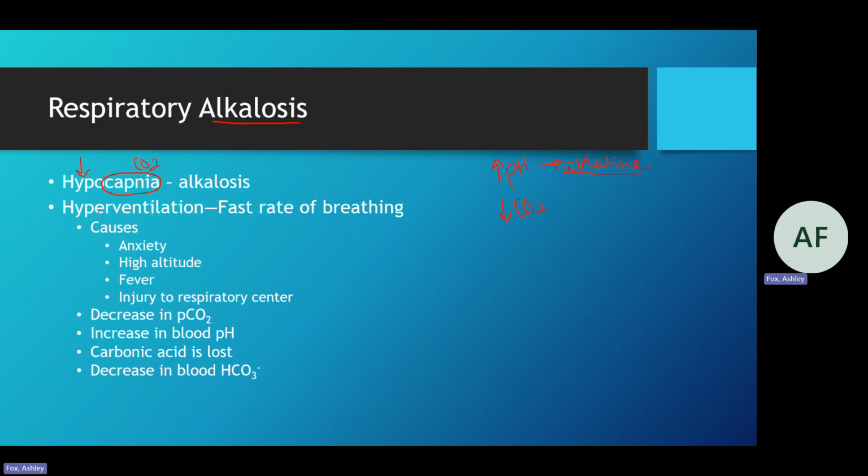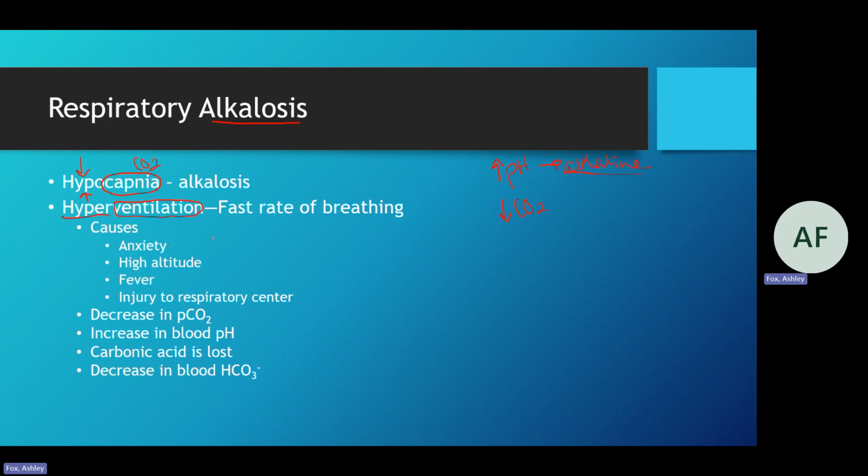Just like acidosis is because of breathing too slow, this is breathing too much. So hyper meaning up, ventilation meaning breathing, you're breathing too fast. You're getting rid of too much carbon dioxide, and it increases your pH in your body. This sometimes causes anxiety.